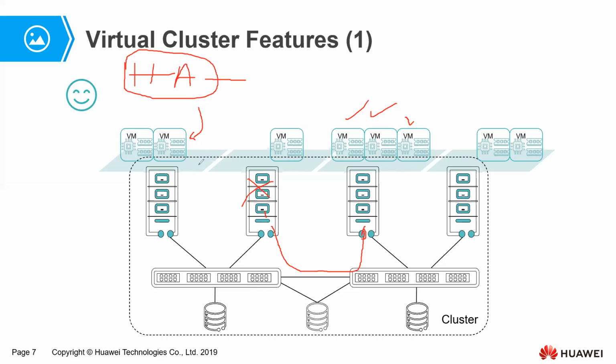So if a compute node or one of our hosts becomes faulty, then our virtualization management, in the case of Huawei, the VRM, rebuilds the faulty virtual machine on other nodes, and that means that our machine is going to be highly available to all the people who are going to use it.